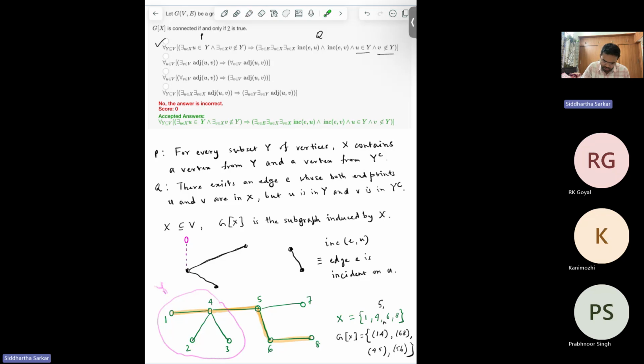Statement P says that for every subset Y of vertices, X contains a vertex from Y and a vertex from Y complement.